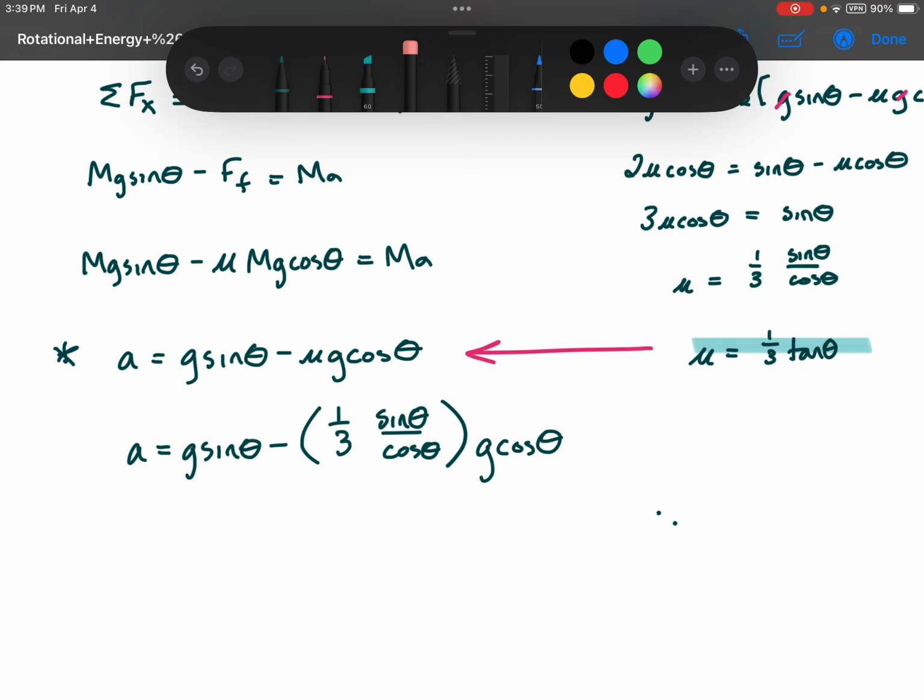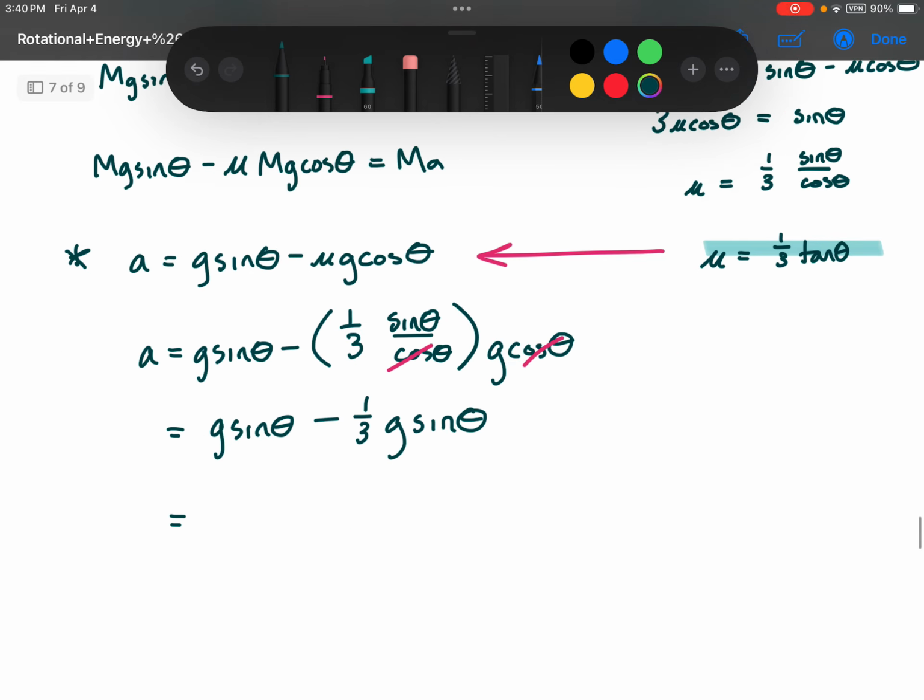That will allow us to more easily see how it's going to simplify. So g sine theta stays the same for now, but we see that our cosine thetas are going to cancel out on this term. So minus 1/3 g sine theta. So g sine theta minus 1/3 g sine theta. We get a very clean, concise answer, 2/3 g sine theta.